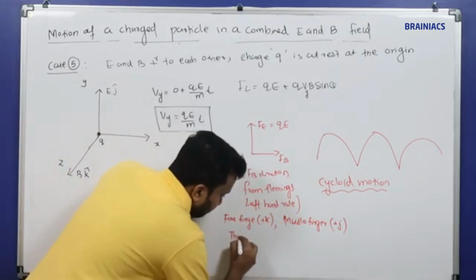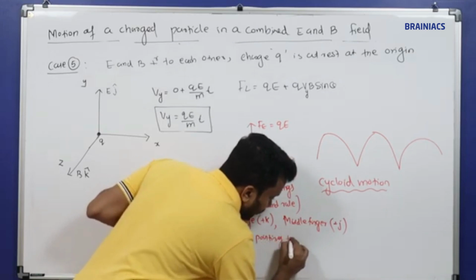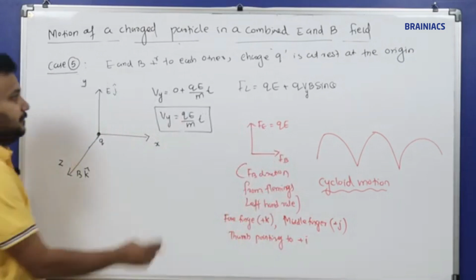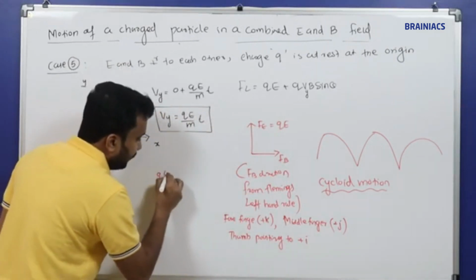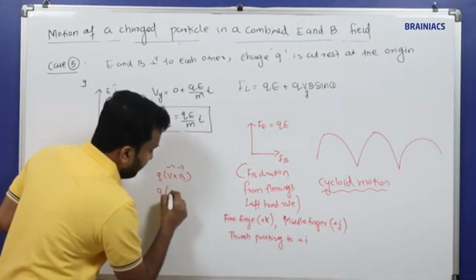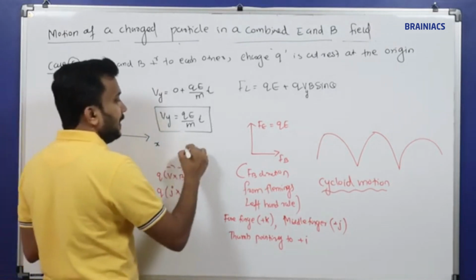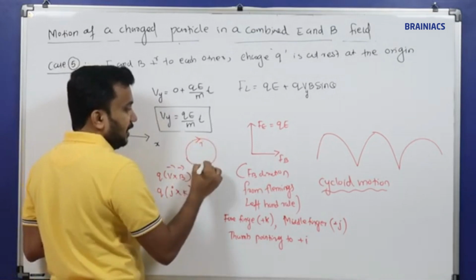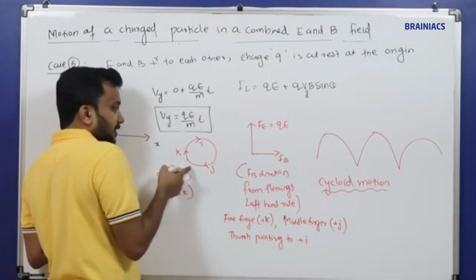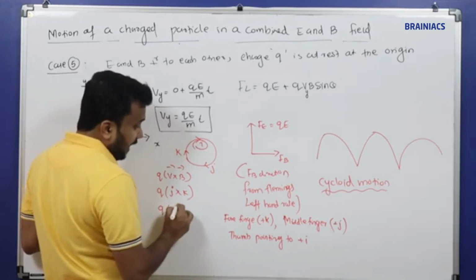So the thumb is pointing to what direction? Positive I direction. Now if you substitute, the magnetic force is Q into V cross B. Q into velocity, which is in the J direction, so J cross K. What does J cross K mean? In two-dimensional motion, we normally learn I, J, K. So J cross K gives I, so the Q I component will come.